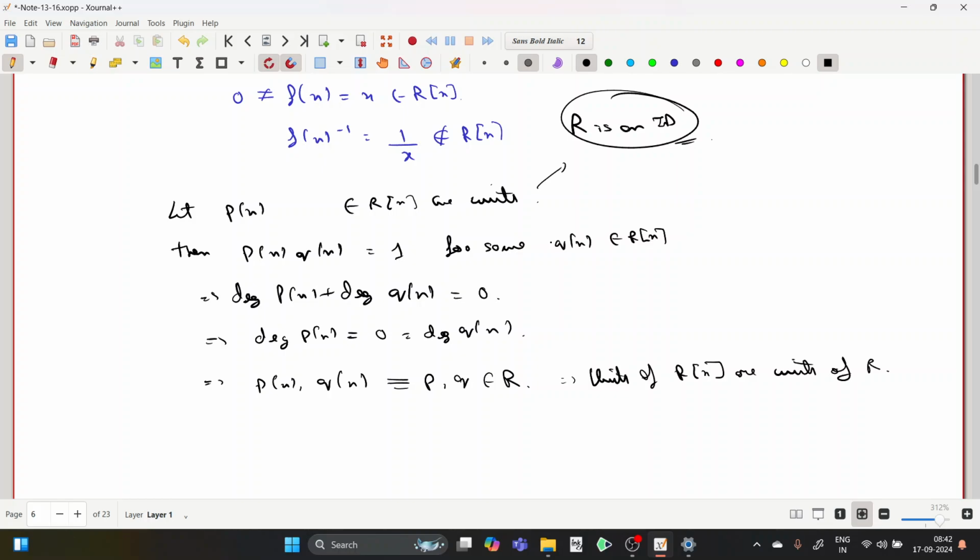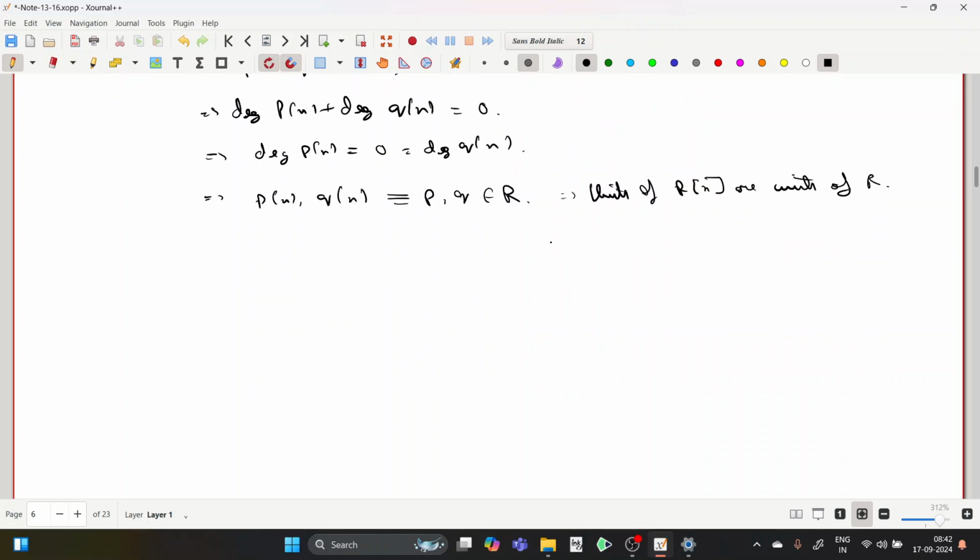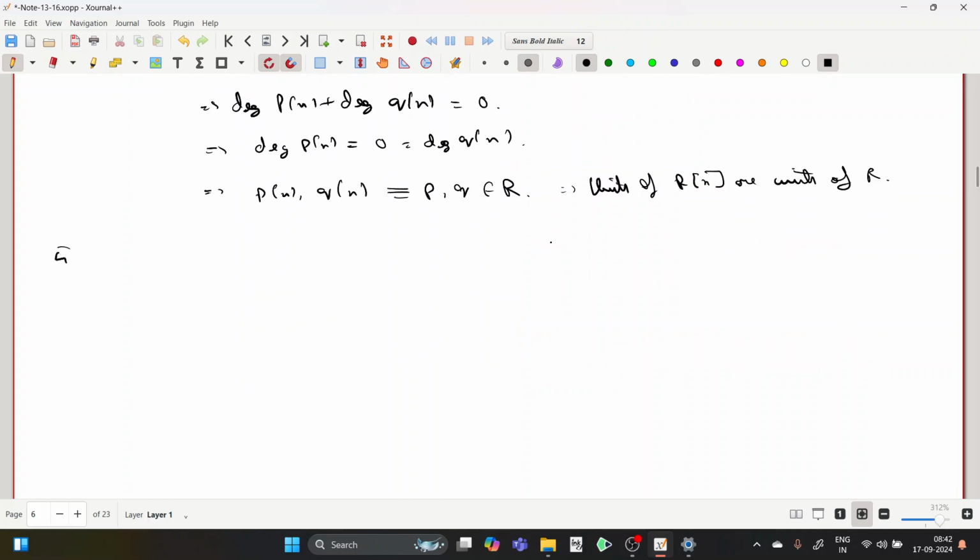Consider b to be another constant polynomial, say q(x), and then in R[x] as well, p(x) times q(x) gives you 1. So units of R and units of R[x] are in one-one correspondence. Clear? So what we essentially get, number 4, is that units of R[x] and units of R are equivalent.